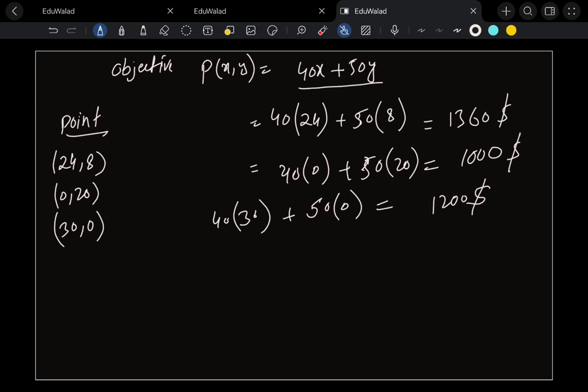So here the point 24 and 8 gives the maximum profit.